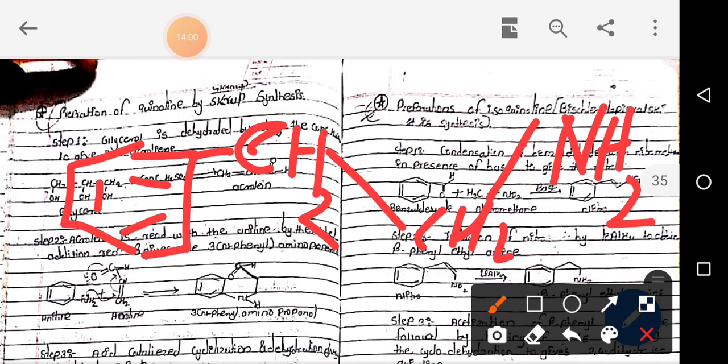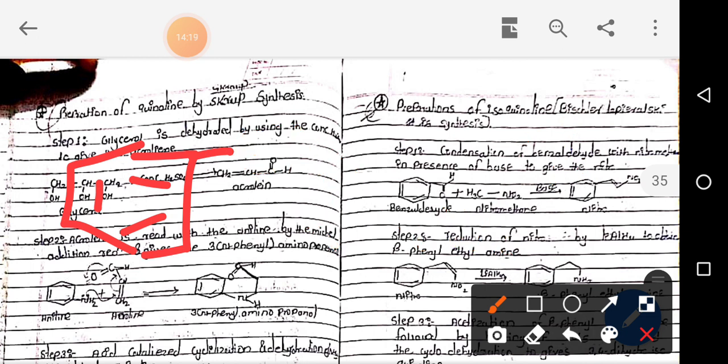Now in the next step we add another carbon atom, so that the total number of atoms is 1, 2, 3, 4, 5, and the formation of the ring will require 6. If you write this in the proper way, we get the cyclized structure: first carbon, second carbon, third carbon, and the third carbon has the NH2.